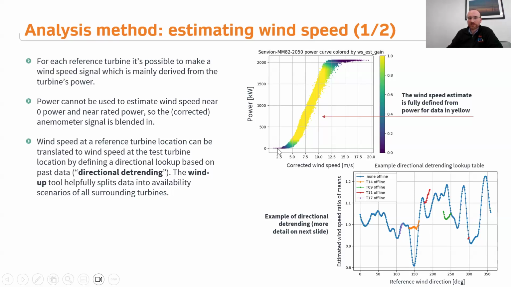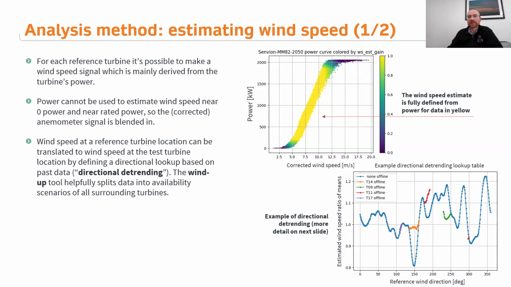However, when you get close to zero power, or when you get up to rated power, the power signal is no longer a good indication of how windy it is. So if you're measuring rated power, then all you know is that it is rather windy, but you don't know whether it's 15 meters per second or 20 meters per second. So for those timestamps, we use the turbine anemometer to estimate how windy it is.